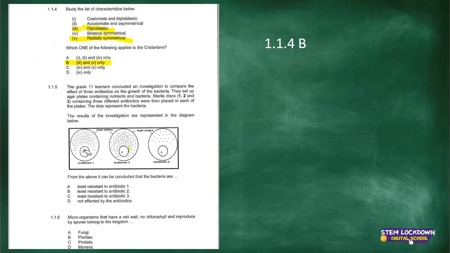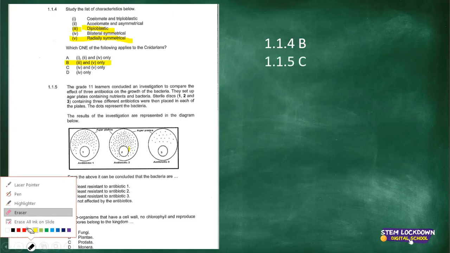This is the antibiotic, this is bacteria. And on number 2, there are a lot more dots than on number 1. You understand? And then number 3, there are fewer dots than on any other one. So this bacteria here is least resistant to antibiotic 3. So the correct answer is indeed C.